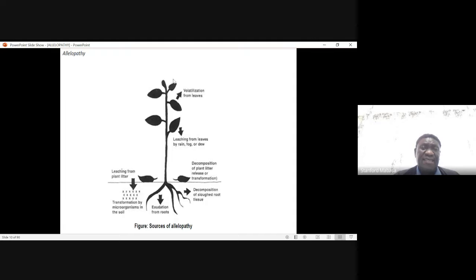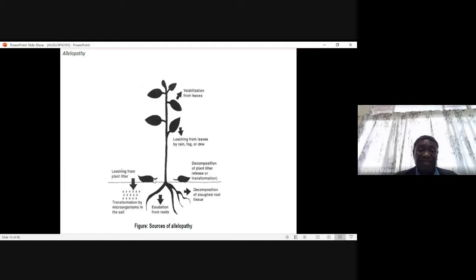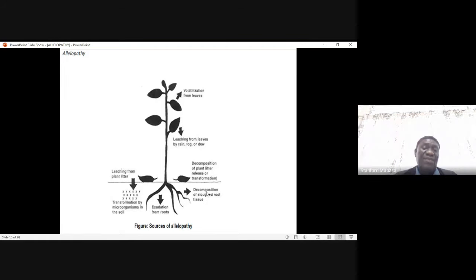Now, after the rains, the allelochemicals may be leached from the leaves and fall to the ground, or the leaves may fall to the ground, then they decompose and release allelochemicals, which may be leached into the soil, or the roots themselves may be the source of allelochemicals.